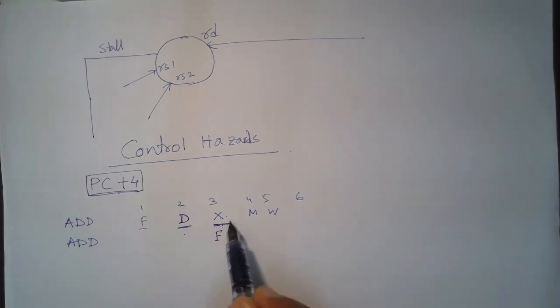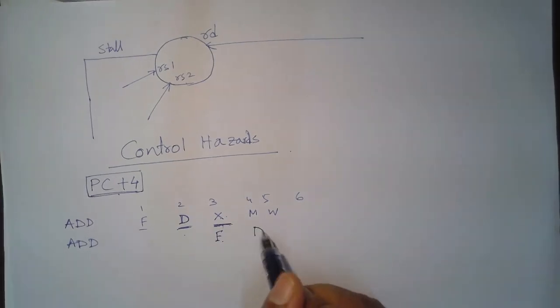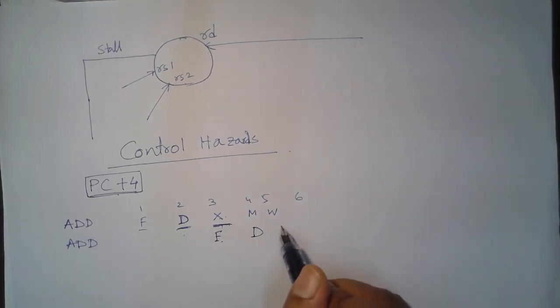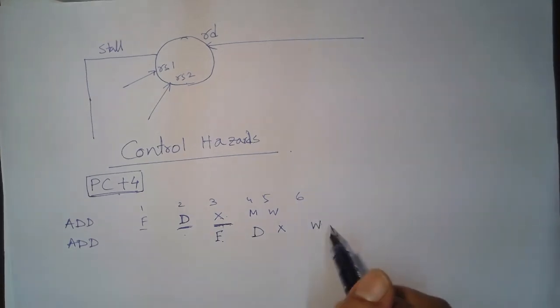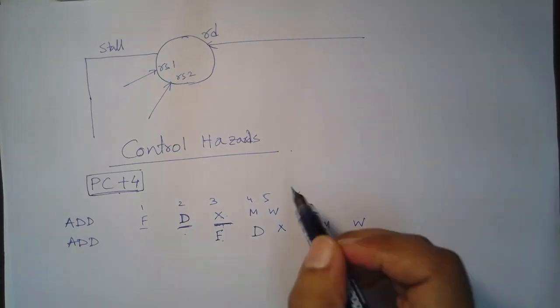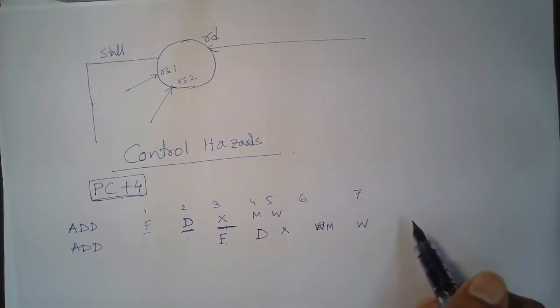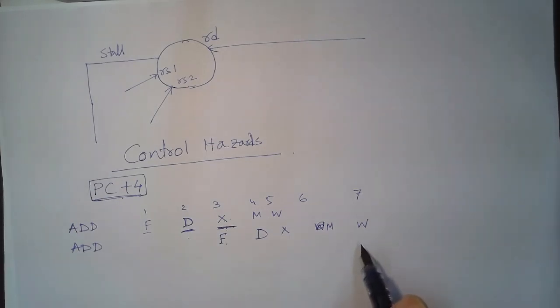Now you see how the pipeline will look: fetch, then decode, then execute, then memory, and then write back. So you see that this is 5, 6, 7. I am doing things much more slowly compared to a fully pipelined stage. Here the CPI will be half compared to what I would have achieved otherwise.